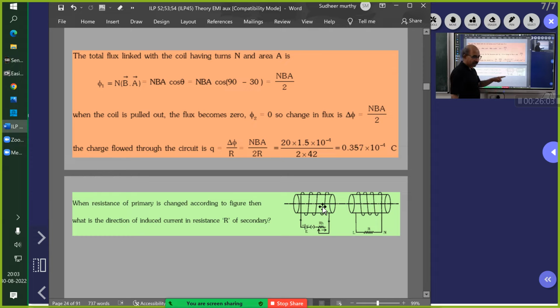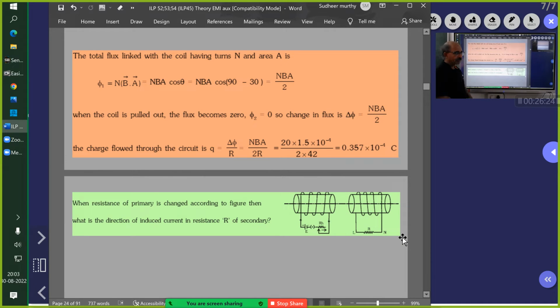But what is Lenz's law? It doesn't want to change the flux. It wants to arrest the change of flux. So therefore, current will flow in this to aid the flux, and therefore it will flow in anti-clockwise direction. Therefore, in this resistance, the current will flow from left to right, L to N.